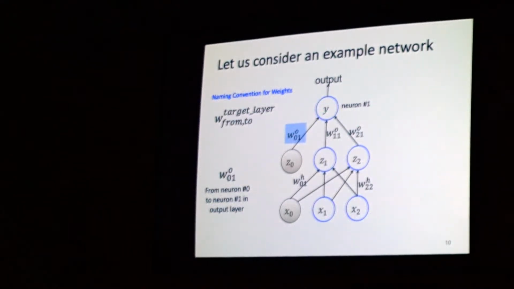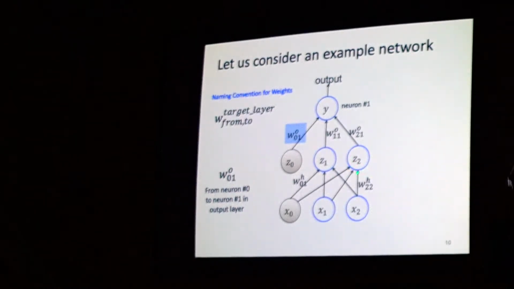Right? And similarly, we can take a look at here. This weight is denoted by W22H. First, the superscript H indicates the target layer is the hidden layer, meaning that the ending node of this edge is in the hidden layer.